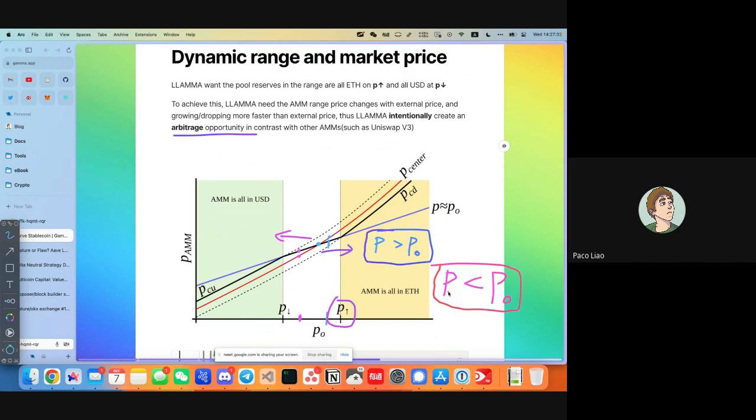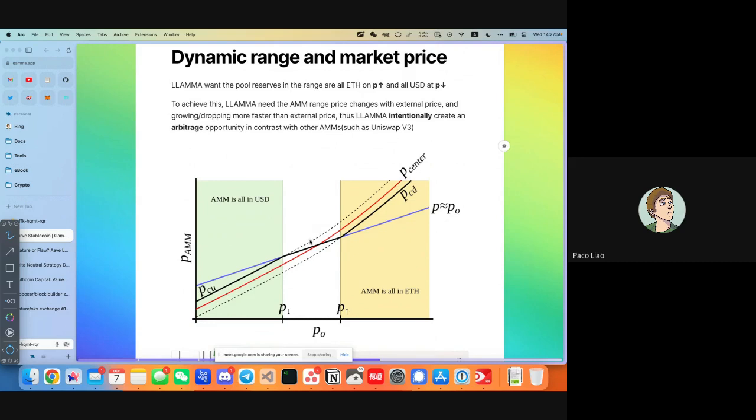So arbitrageurs will buy ETH from the pool. They will send their USD to the pool and buy ETH from it. So with the price going down, the pool reserves will be converted to USD. All this is achieved by arbitrageurs.